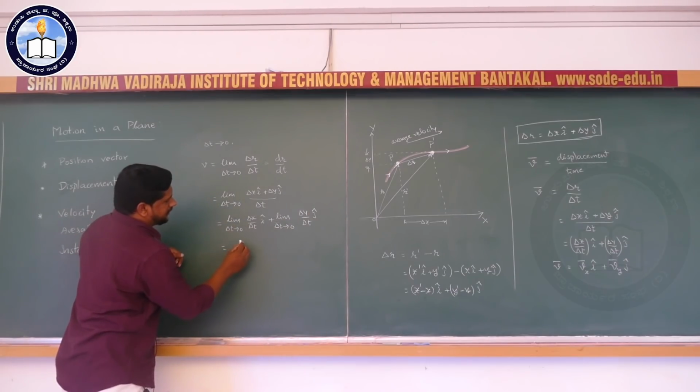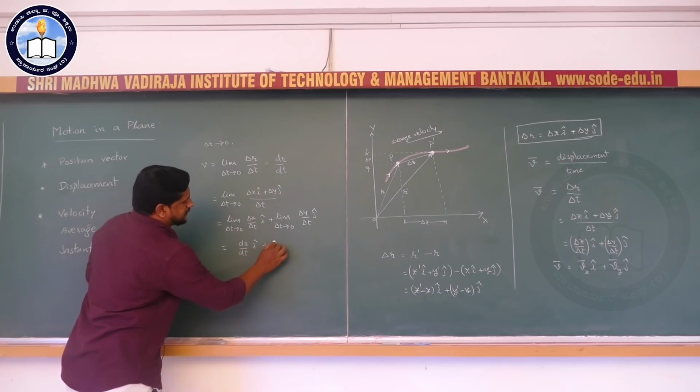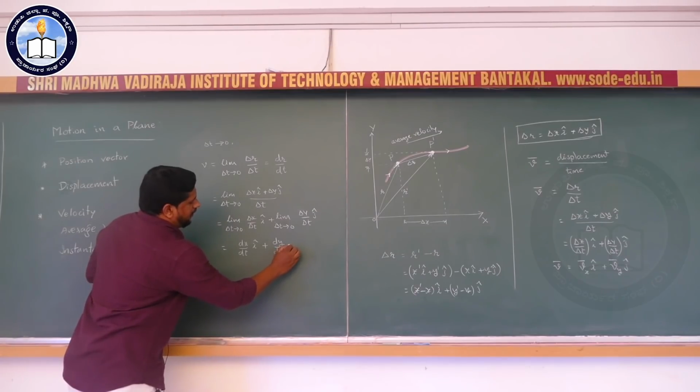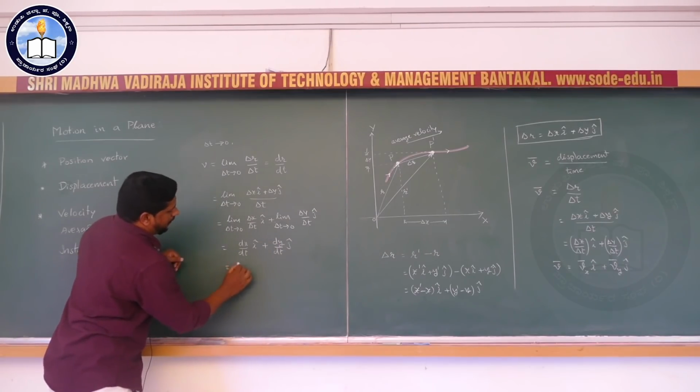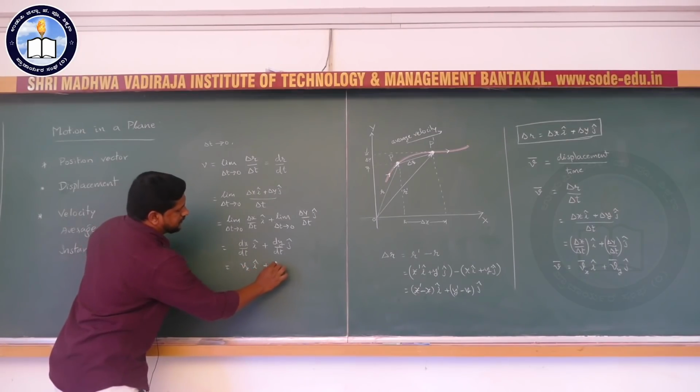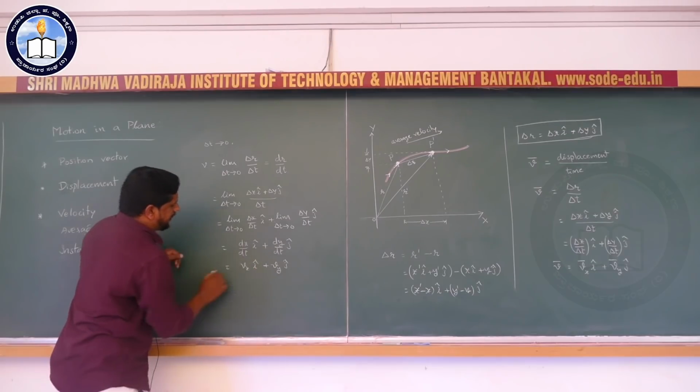This is nothing but dx divided by dt into i cap plus dy divided by dt into j cap, or Vx i cap plus Vy j cap.